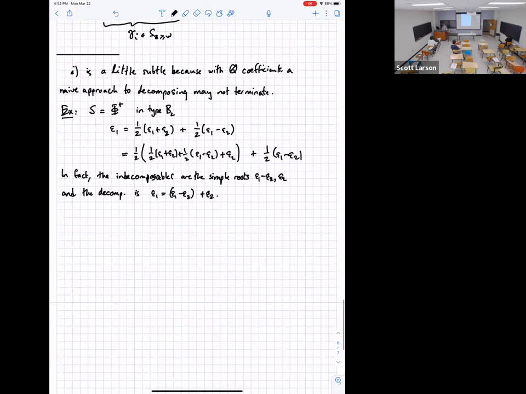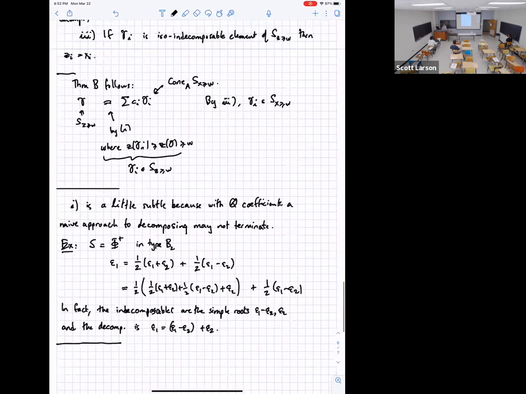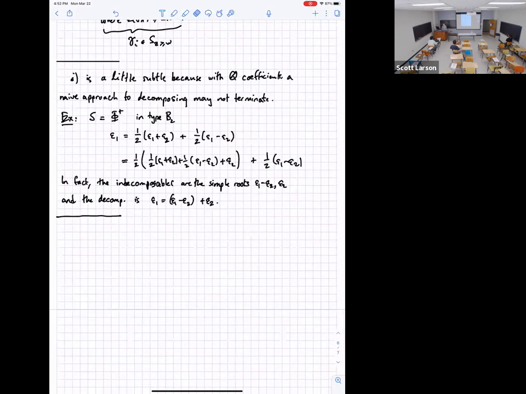So, and then for item 2, for items 2 and 3, let me just explain a little bit how I said the indecomposable.